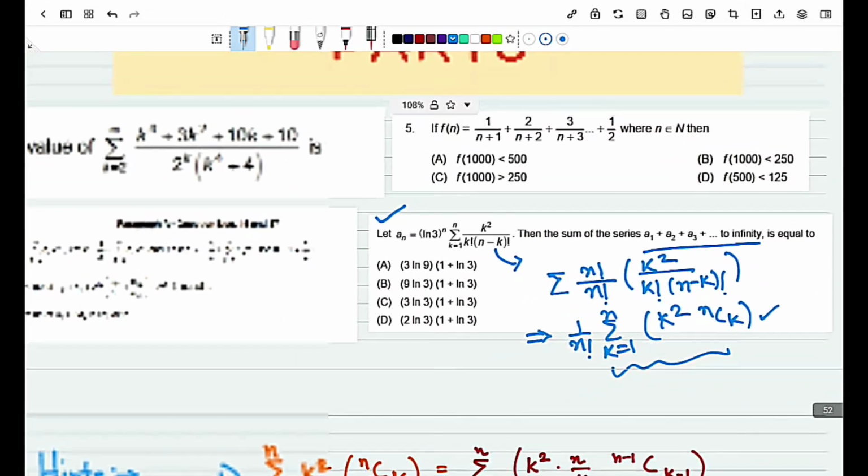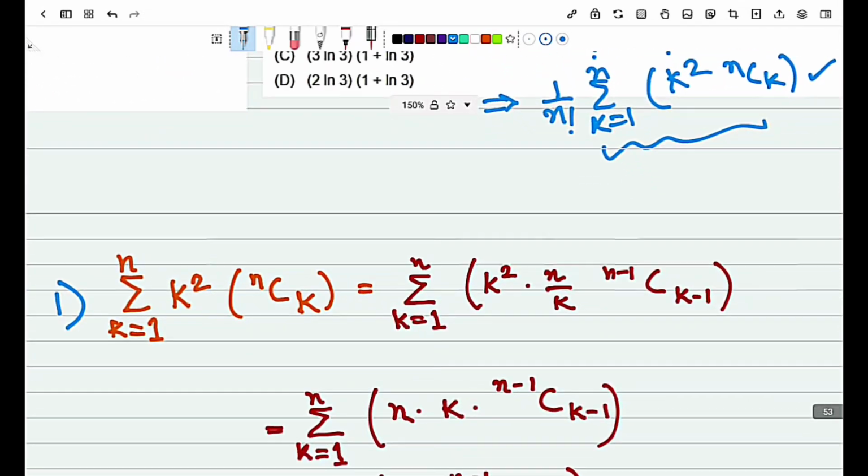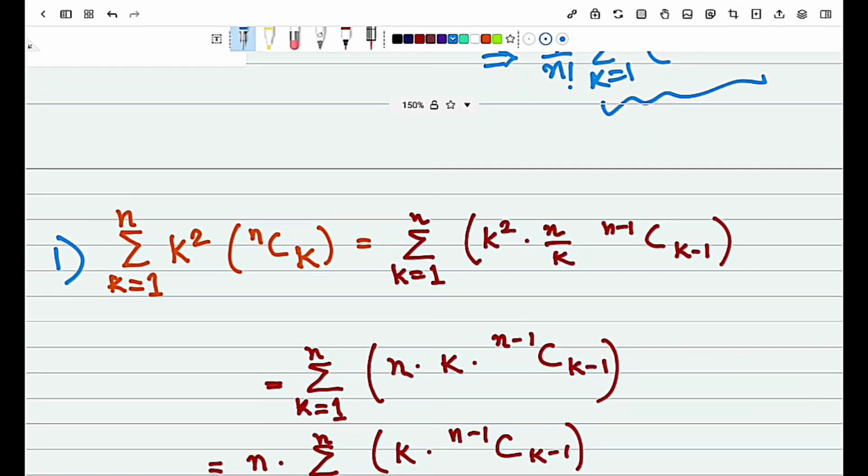So that is the hint number 1, as you all can see. For hint number 1, we are just trying to solve k squared into nCk. What I have done basically is I have applied a property of binomial: nCr is equal to n by r into (n minus 1)C(r minus 1). That is what I have applied in the first step, right?